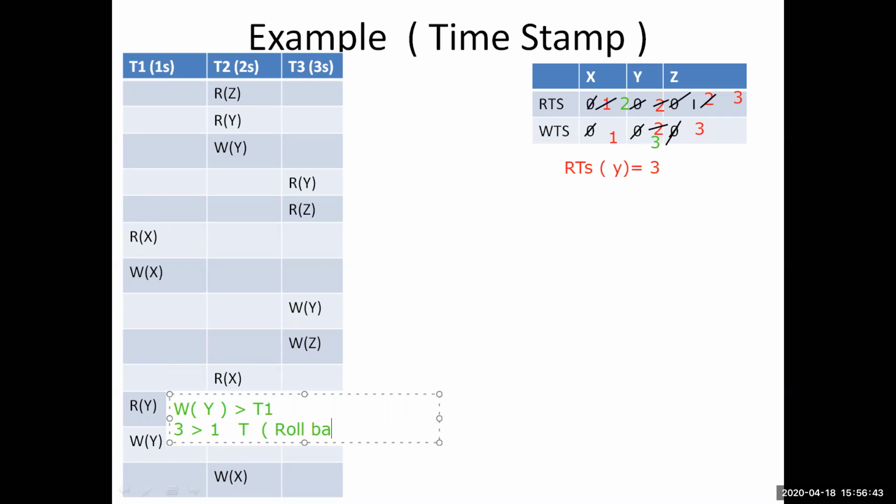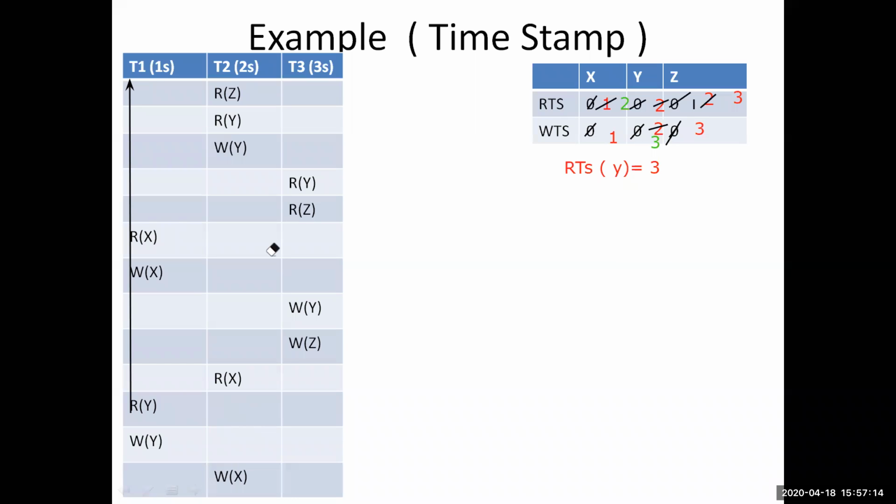It turns out to be a rollback. That means from this particular point, my transaction T1 is rolled back and T1 will start again. So this T1 operation is rejected from this point. Then I need not check W of y because it is going to restart.